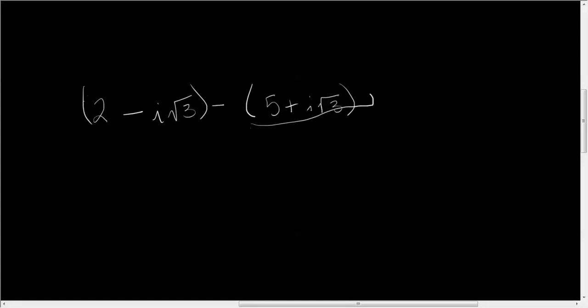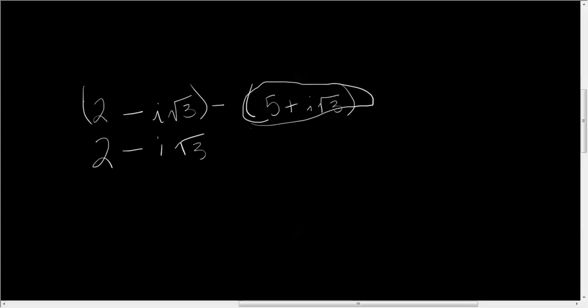Subtracting is not much harder, but there's a couple things to remember. When you have the situation of this minus sign, subtracting this whole parentheses, if I rewrite this without parentheses, over here I would write 2 minus i square root of 3.